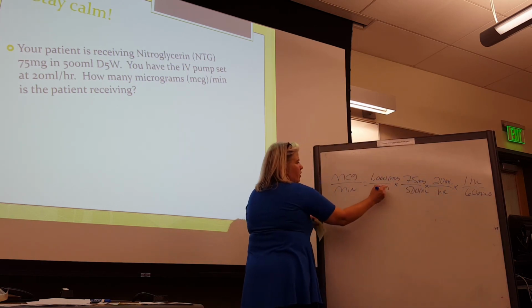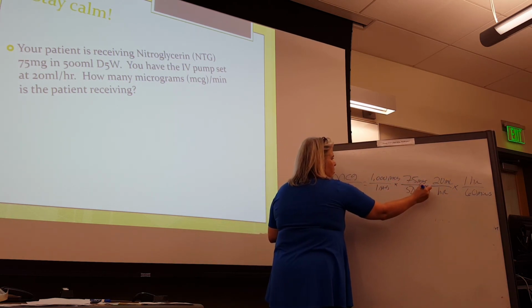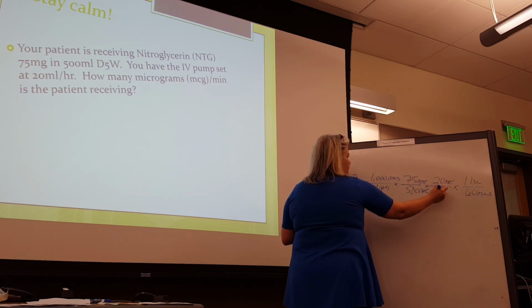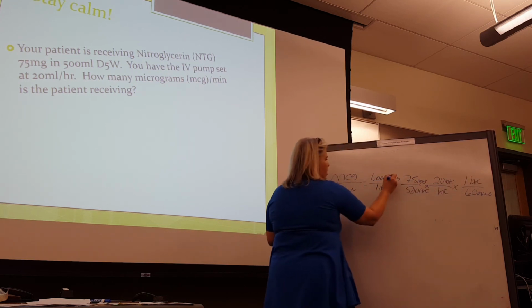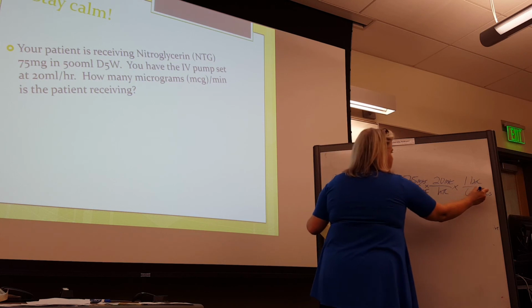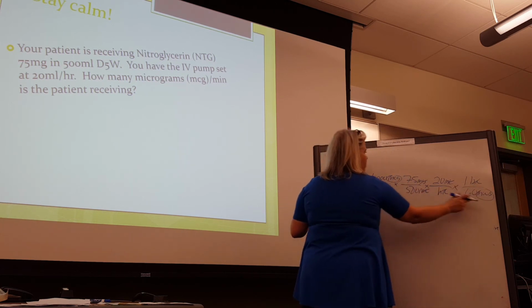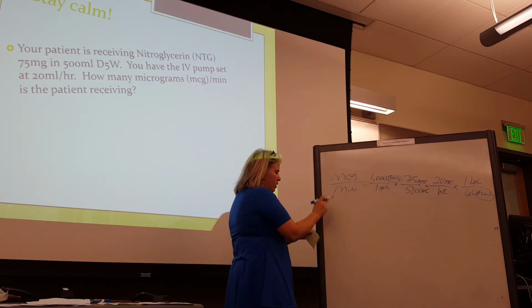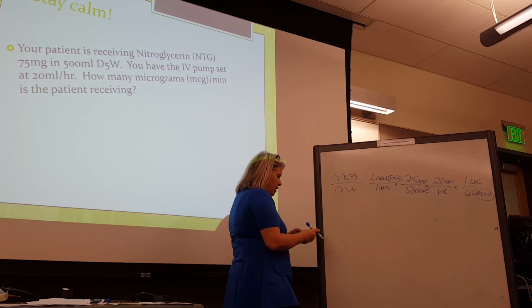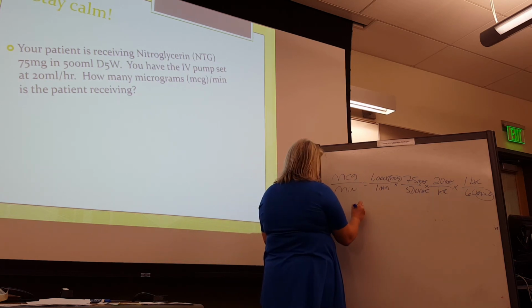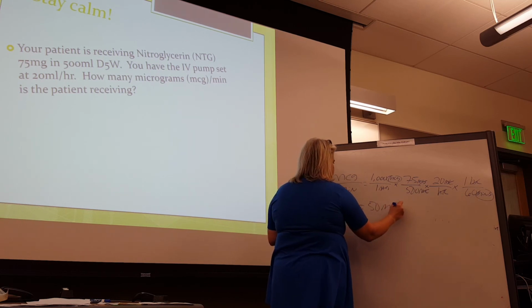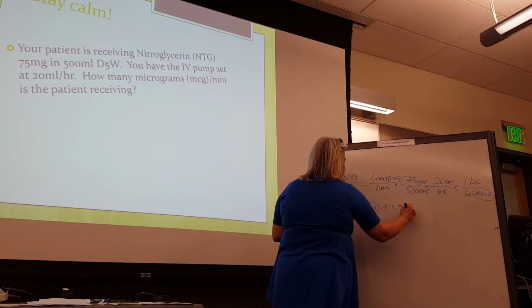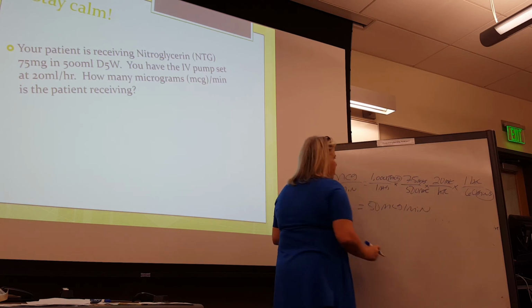So milligrams cancel out, milliliters cancel out, hour cancels out, and you're left with micrograms per minute, matching micrograms per minute, and you come up with 50 micrograms per minute as your answer for that.